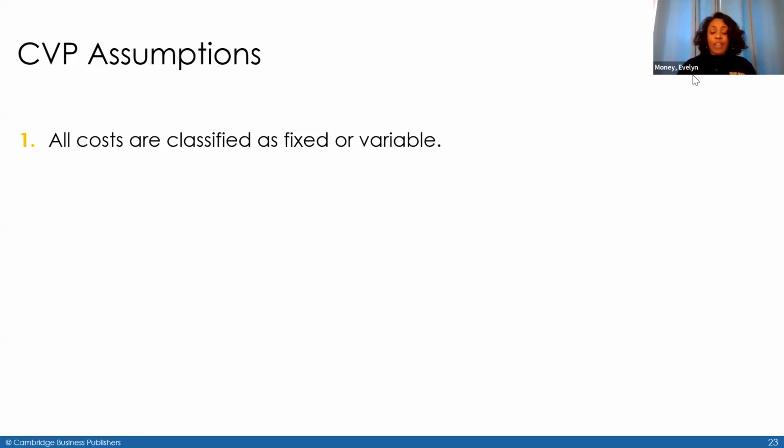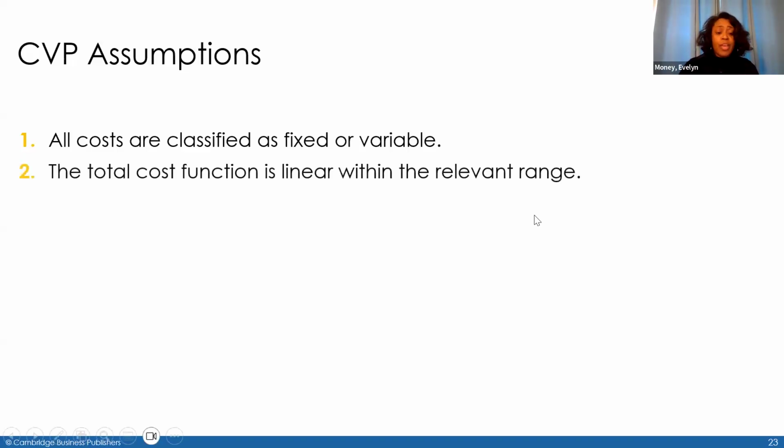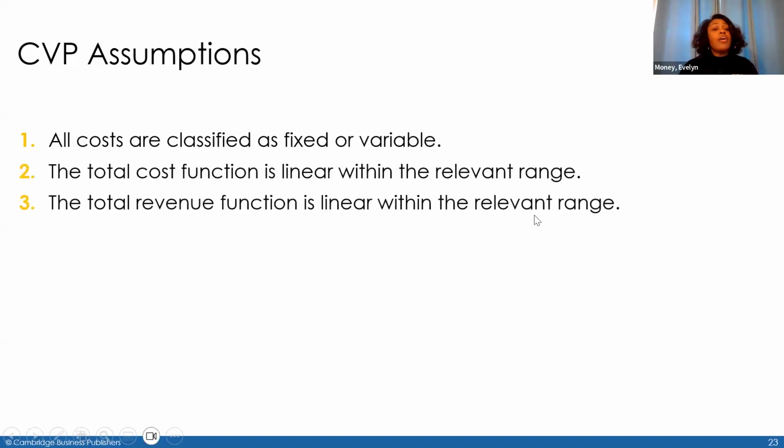So whenever we do cost volume profit analysis, we make certain assumptions. First of all, we assume that all of the costs are truly fixed or truly variable. So we can classify all of our costs as either fixed or variable.